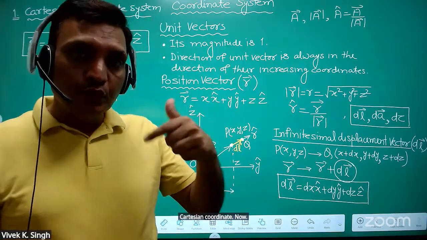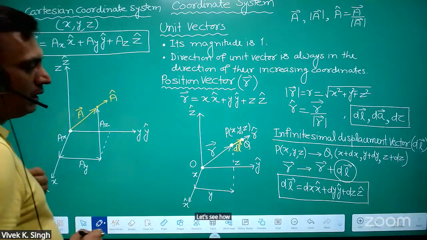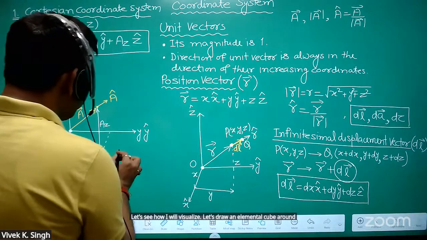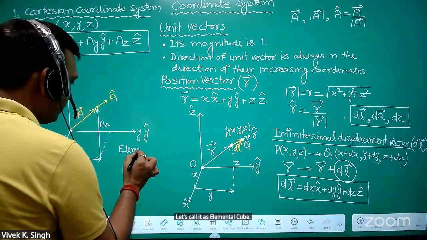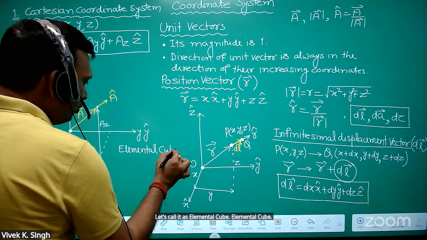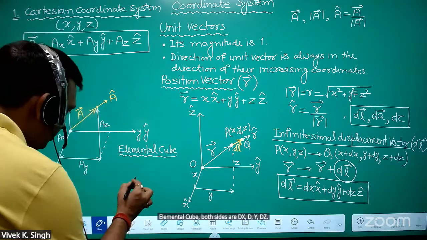Now you can visualize the dl vector. Let's see how we will visualize. Let's draw an elemental cube around point P, whose sides are dx, dy, dz.